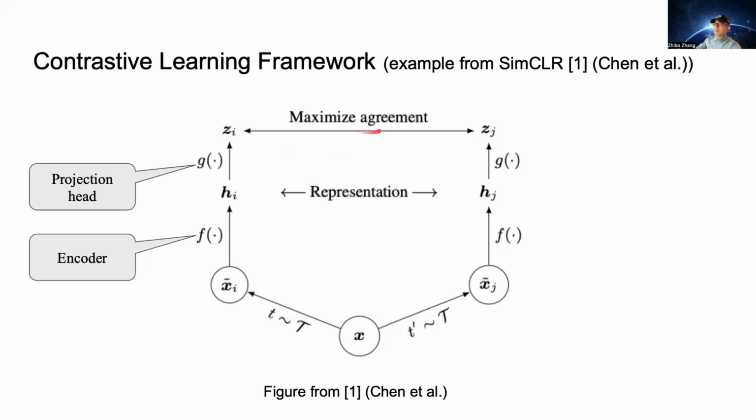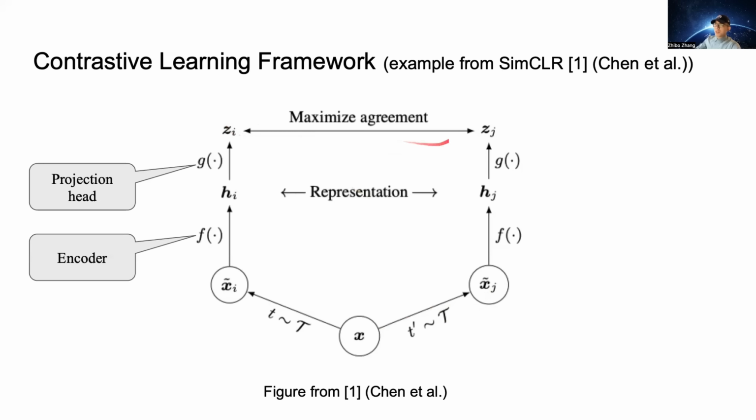And the contrastive loss is formed upon z_i and z_j and other projected embeddings in the same data batch. In this case, z_i and z_j are considered similar to each other because they originate from the same original data instance.